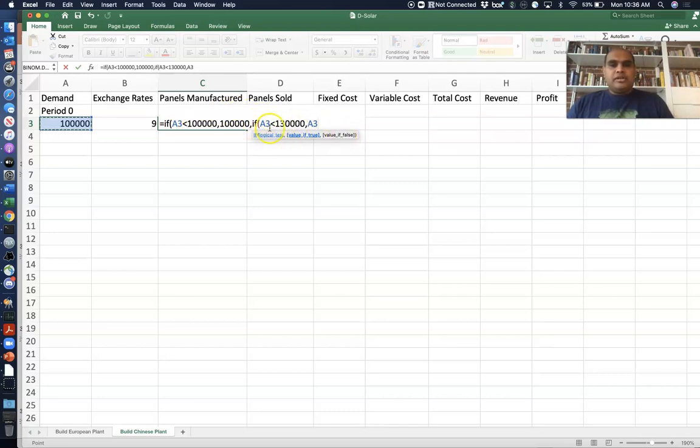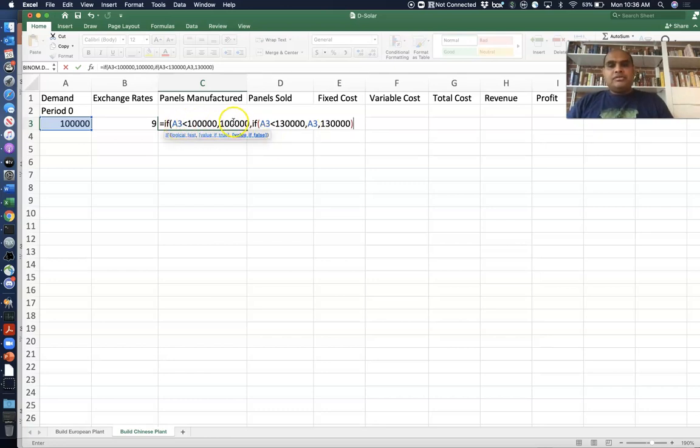So what is the value if it is false? You have to do another check. So if demand is less than 130,000, which is again the case, then whatever your demand will be the number of panels that are manufactured. And if not, the number of panels that you manufacture is 130,000. You cannot make more than 130,000.